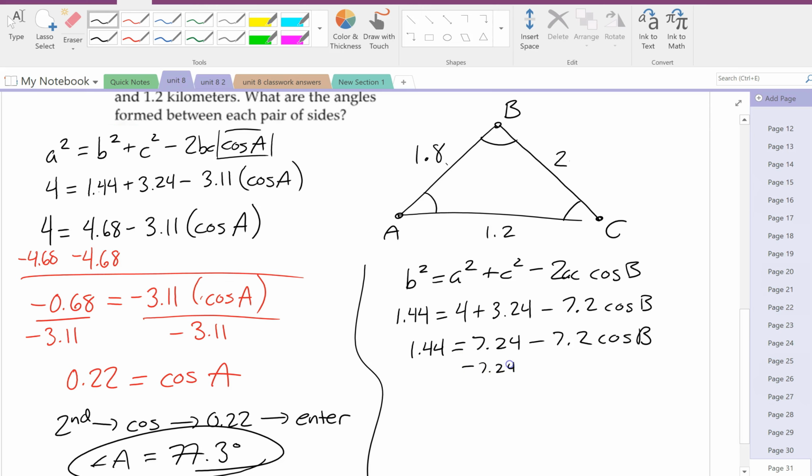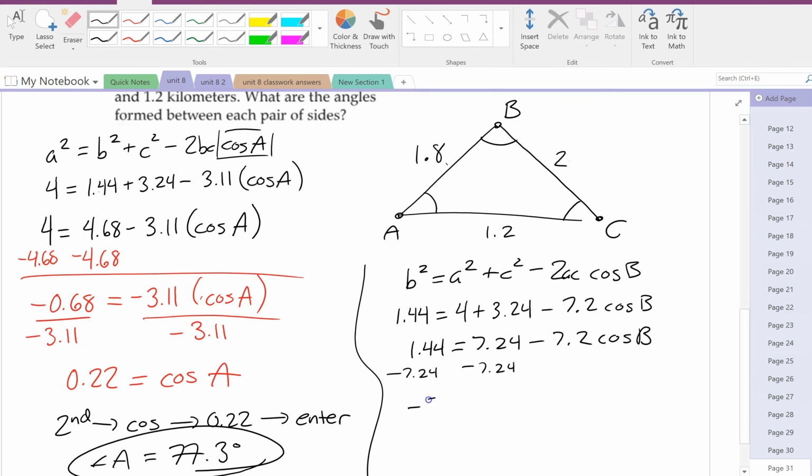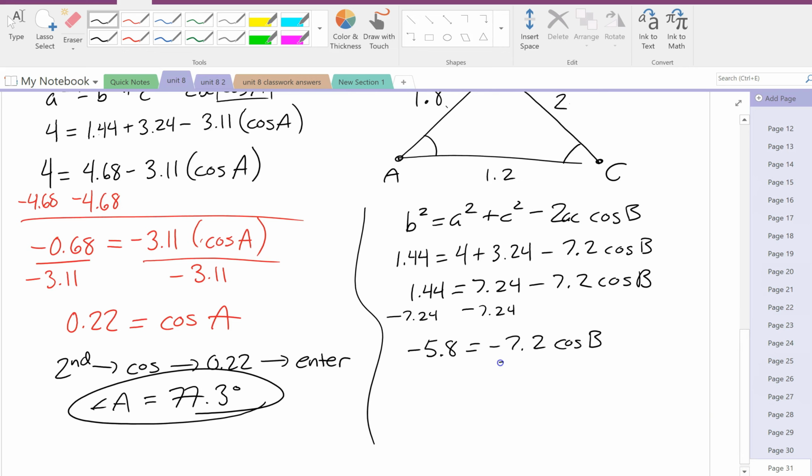Subtract 7.24 from both sides. 1.44 minus 7.24 is negative 5.8 equals negative 7.2 cosine B. I'm going to divide both sides by negative 7.2. Because I'm dividing a negative by a negative, I'm going to get a positive. So I want 5.8 divided by 7.2.